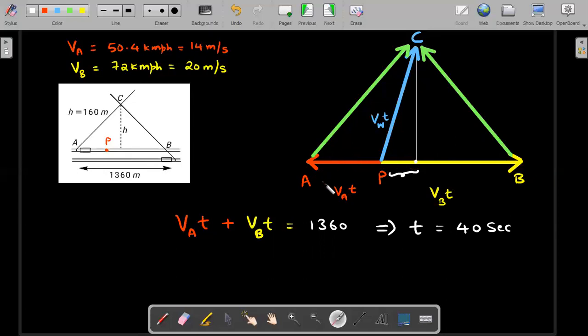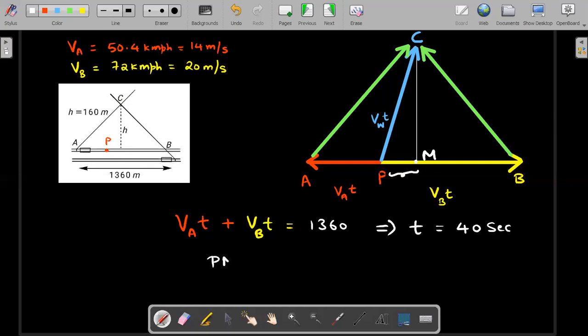So the half of that 1360 would be VA. So it would be VAT plus VBT divided by 2, right? So this half would be this number divided by 2, and then you have to subtract this part. So this would be simple subtraction of these two. So that particular part, let's call this M as the midpoint.